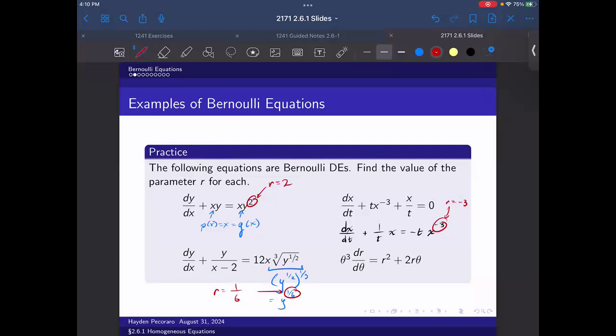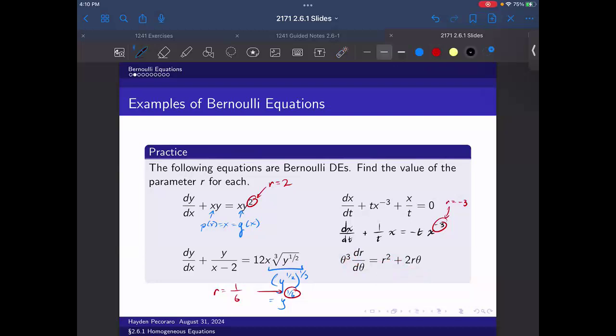Also 2. So it might look a little weird here with that theta out front, but we can divide by that and note that it's also the independent variable. So that 3 doesn't affect the standard form of the Bernoulli DE.